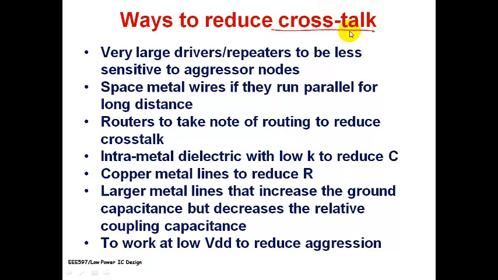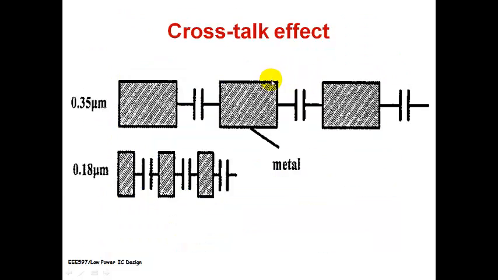Now we talked about crosstalk. In the previous figure I said you have a capacitance here, and all these capacitors are getting larger as the technology goes down. What would happen because of these wires? Imagine I am going from 0 to 1 here, whereas this is at 0. This 0 to 1 transition on one side of the plate naturally would take a toll here. Whether it was going from 0 to 1 or 1 to 0, naturally this is going to be affected by it.